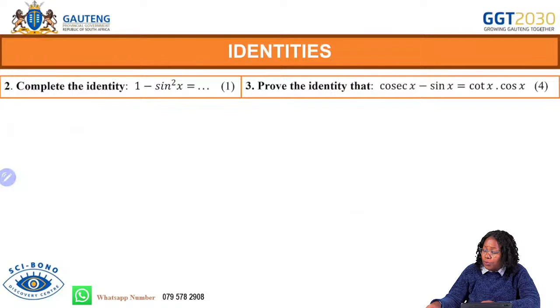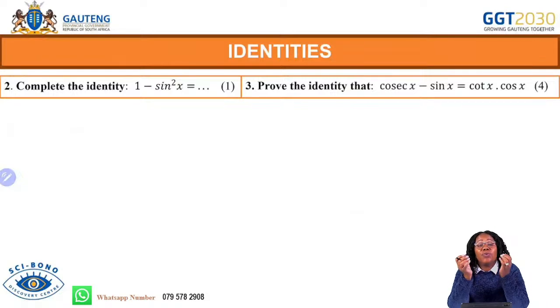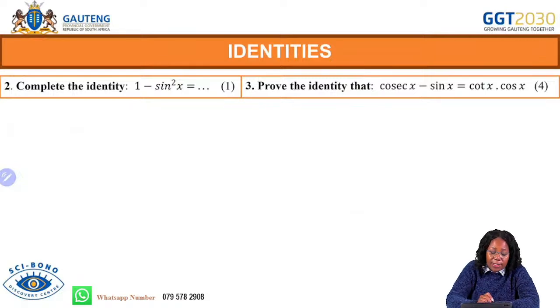And then now move to question number 2. Complete the identity 1 minus sine squared. Do you still remember? We were playing around with the sine squared plus cos squared equal to 1. And then if you leave the cos squared, then you will end up with 1 minus sine squared. That is exactly what is happening here. It comes from the original identity sine squared plus cos squared equal to 1.